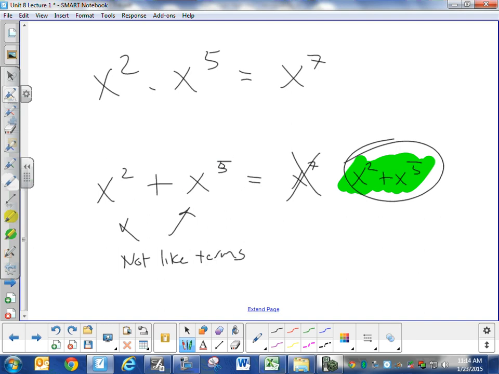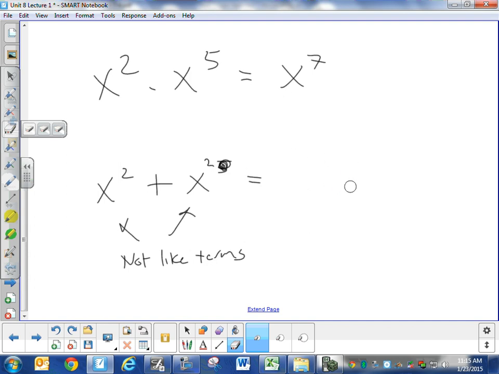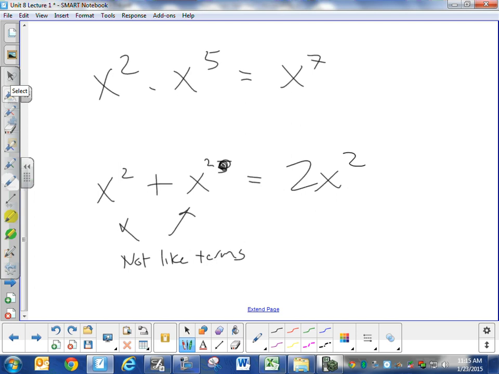When it's x squared plus x squared. What's 1x squared plus another x squared? 2x squared. Yeah, remember? Yes, you do. You've done this before. 1x squared plus 1x squared is 2x squared. That's like x plus x.